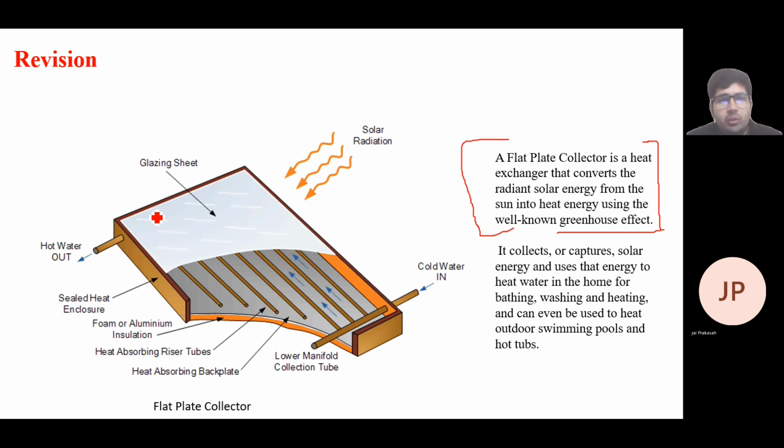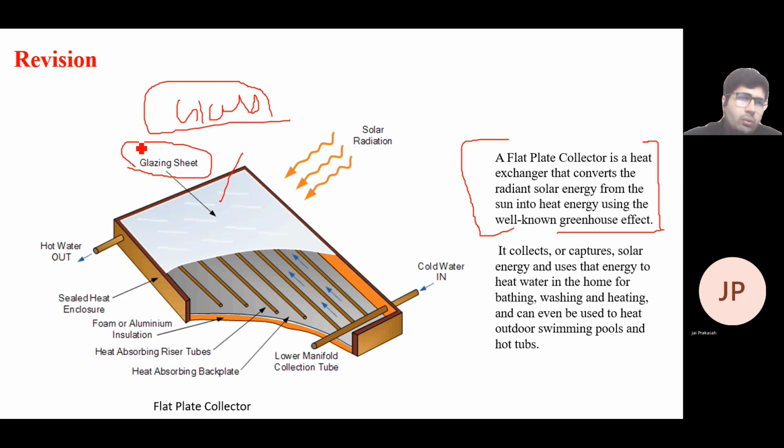In that same way, we use a glass sheet or glazing sheet. Normally we use glass. Glass is transparent to light, but it is opaque to the infrared spectrum.